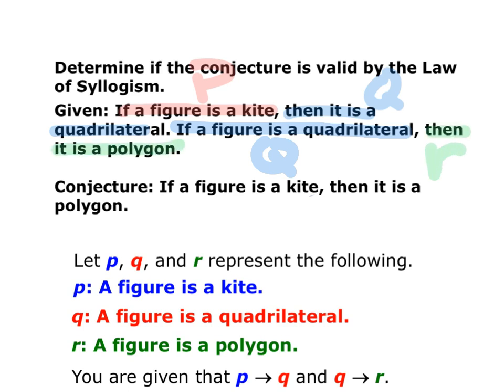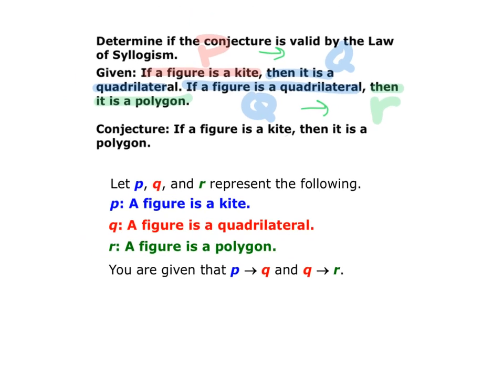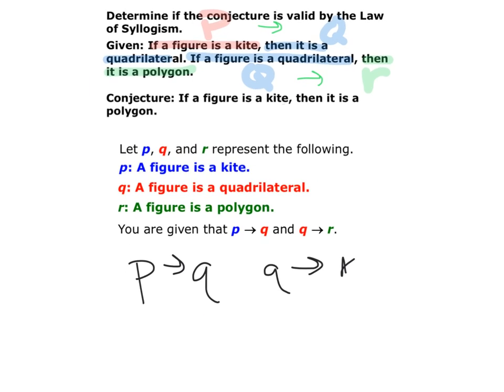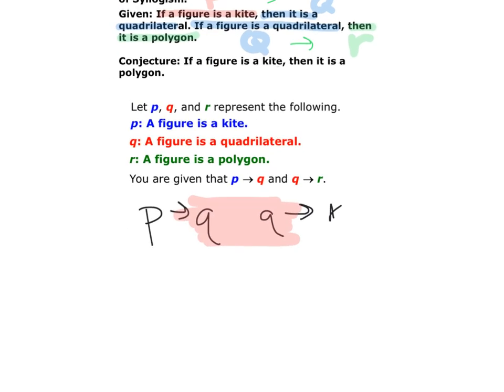So this would be R. So if P then Q is true, and Q then R is true, the conclusion of one and the hypothesis of the other are the same. The two middle ones are the same. So therefore, we can conclude that P then R is true.